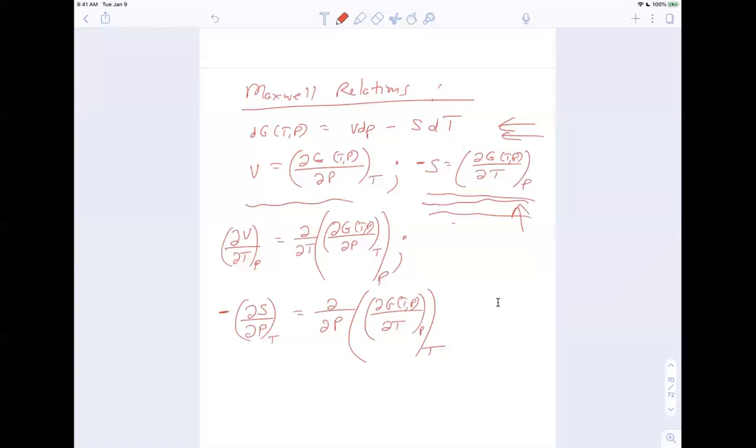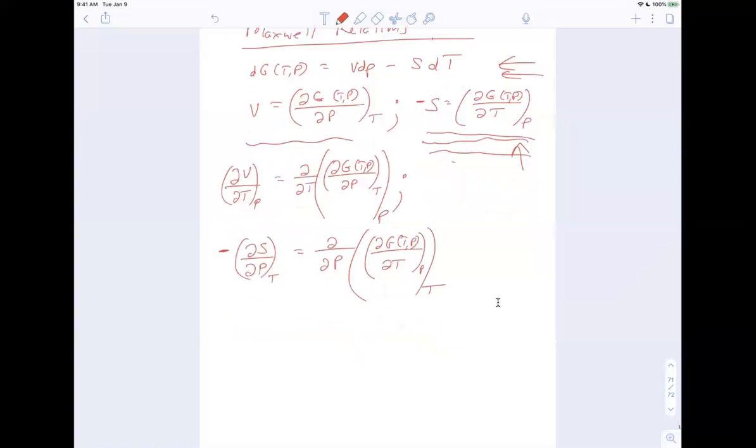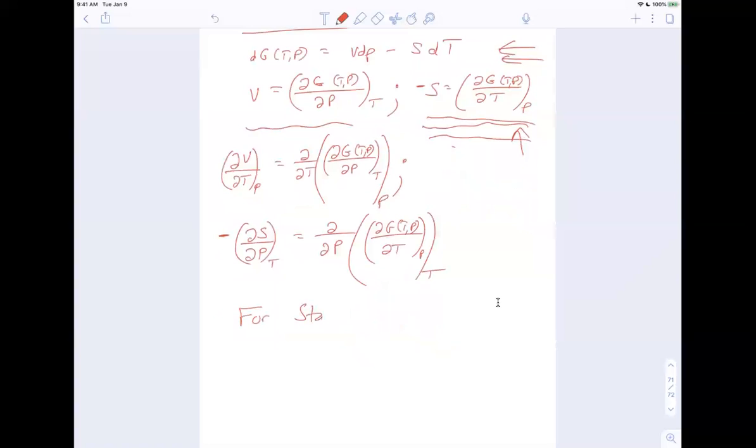Now it turns out that for state functions, also called exact differentials, and again this is a purely mathematical property, I won't spend too much time on it, these two second-order partial derivatives are equal.